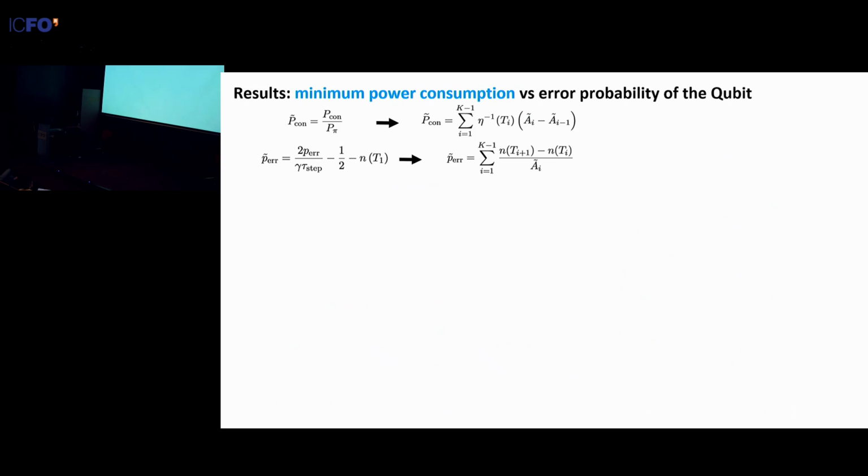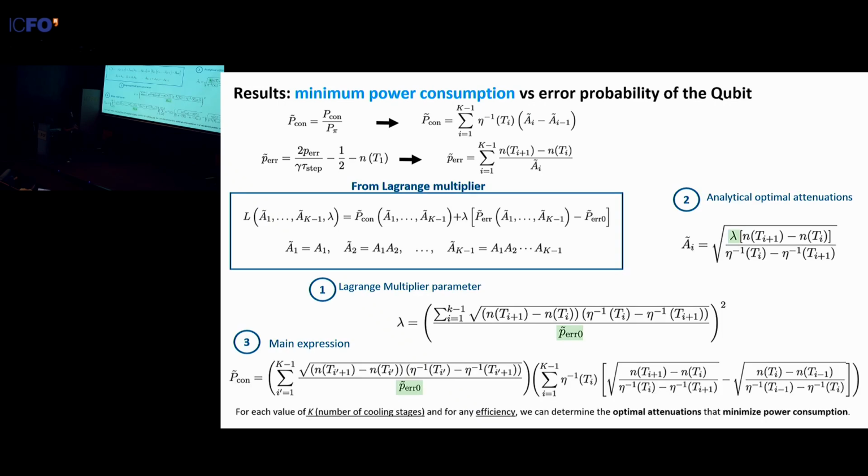So to carry out the optimization analytically, we defined an effective electrical power consumption, which is equal to the original one in units of p pi. And also we defined an effective error probability. And instead of optimizing over the individual attenuations, we optimize over the cumulative attenuation. And when we treat this with the Lagrange multiplier, the first thing we get is the Lagrange multiplier parameter lambda.